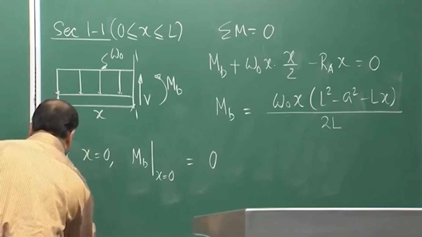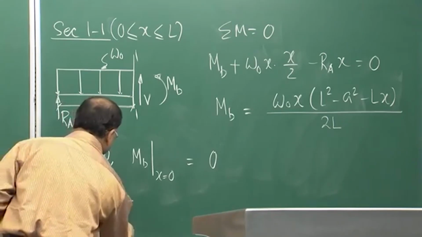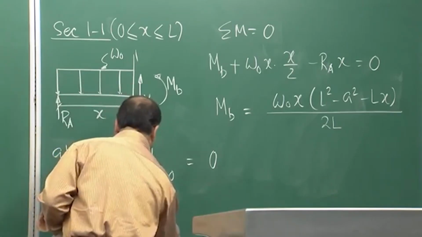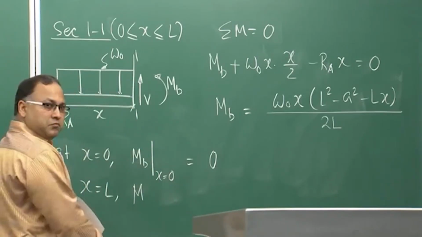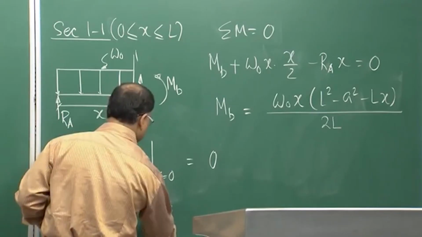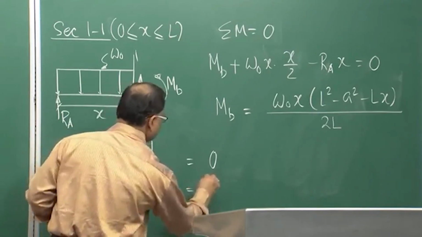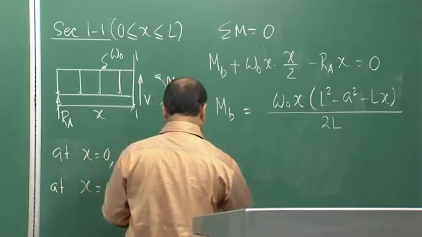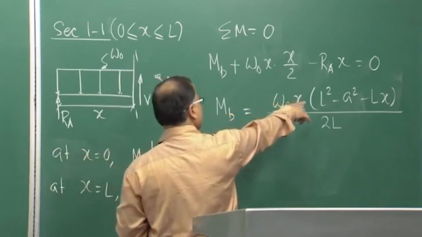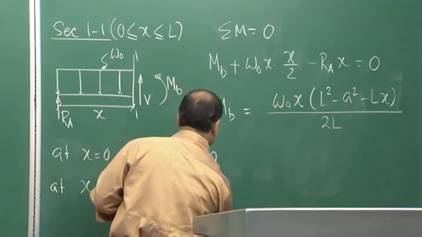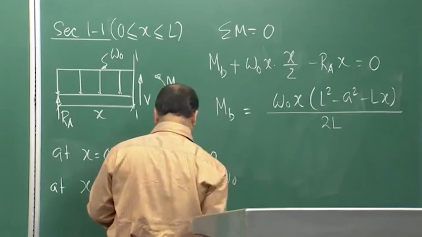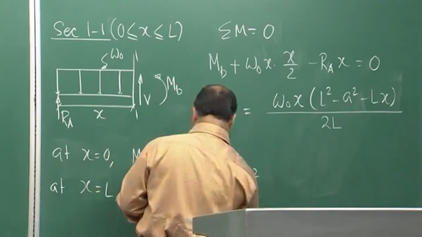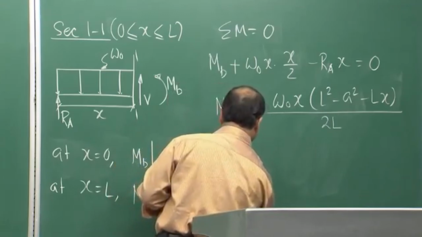At x equal to L, if you put x equal to L here, you will be getting minus W naught A square by 2.